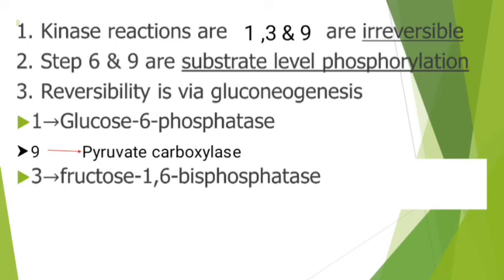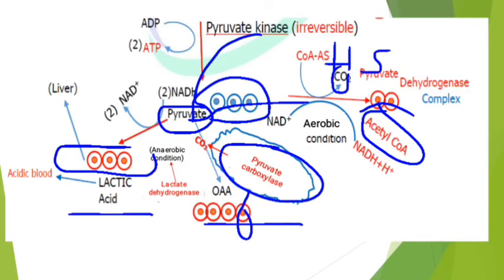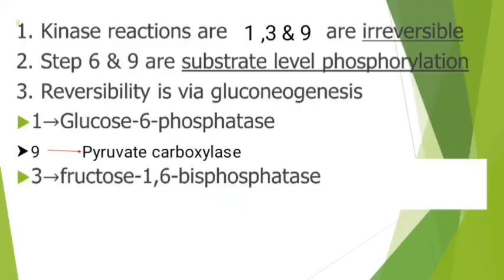When we get to gluconeogenesis, we get to know pyruvate carboxylase, step 9, is also just as illustrated here. Pyruvate carboxylase adds one more carbon molecule here to produce pyruvate. Fructose 1,6-bisphosphatase cleaves off the phosphate group to form fructose 6-phosphate.